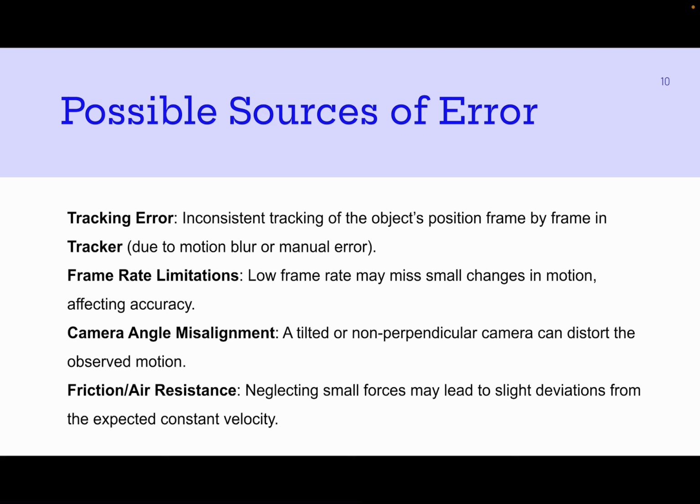And then friction and air resistance, so neglecting forces that lead to slight deviation from the expected constant velocity. Since a marker is going to be in motion in a real system that's not perfect, there are going to be other factors, or energy loss to the surroundings such as sound, since the marker makes a sound as it moves across the table, or drag, and that happens as it increases velocity.